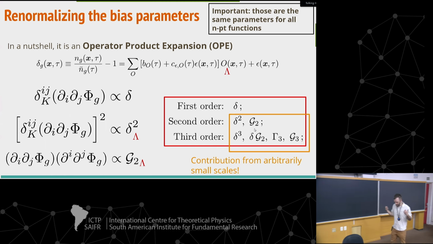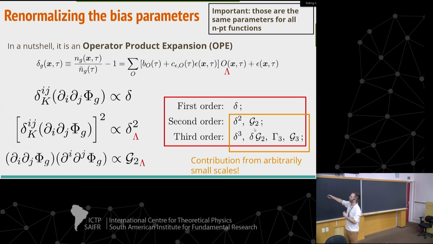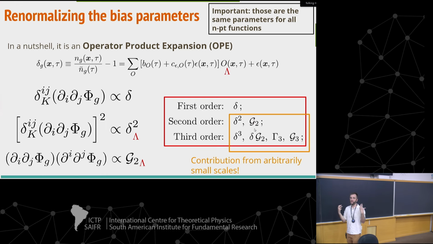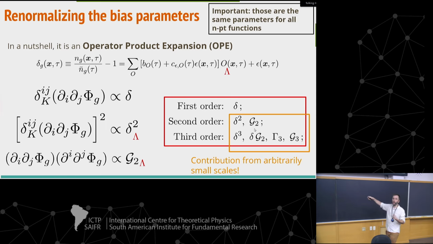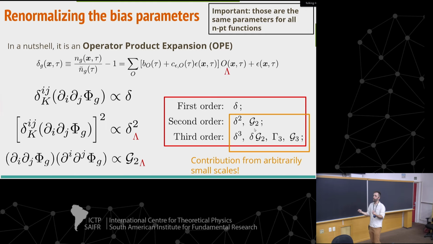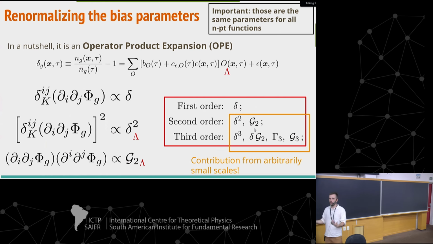And in this operator product expansion, we have what we call composite operators. So we have quadratic operators of the field evaluated at the same point. This strongly depends on the lambda scheme that you put, basically, on the cutoff that you add by hand. So again, you have a linear theory, and you have quadratic and cubic operators, and those receive contributions from very small scale physics, right? So again, you have to add a cutoff here and regularize this theory.